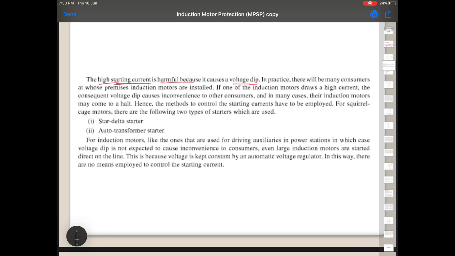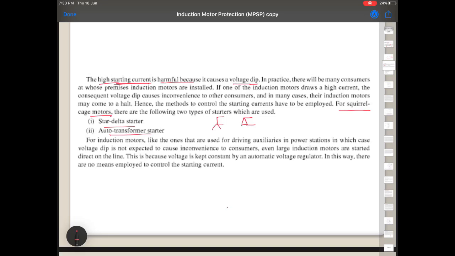So for squirrel cage induction motor, there are different starters: star-delta, auto transformer. Star-delta means during starting, the connection will be star, so in star the voltage will be less. If voltage is less, current drawn is less, and during running condition it will be converted to delta.